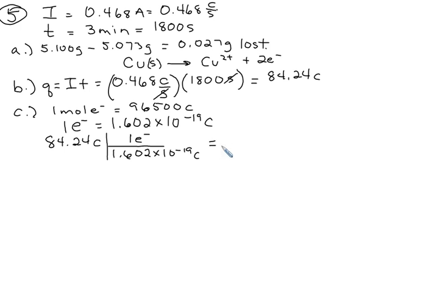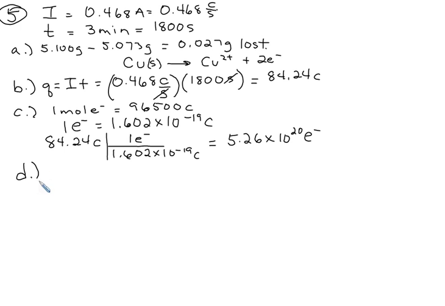And you grab your calculator and you do the math, and you get 5.26 times 10 to the 20 electrons were exchanged through this electrolytic cell that ran for 3 minutes at 0.468 amps.